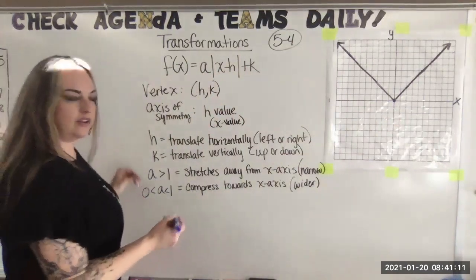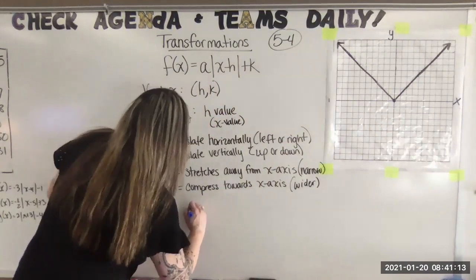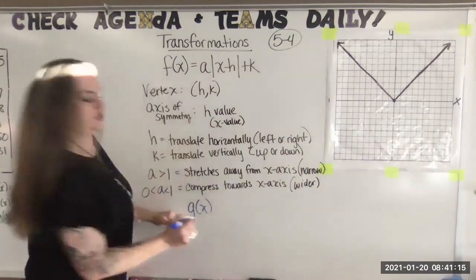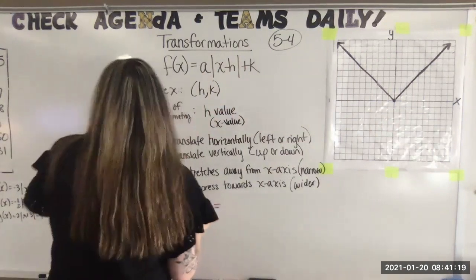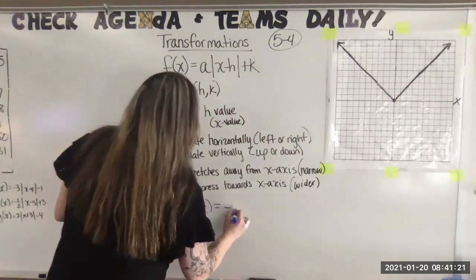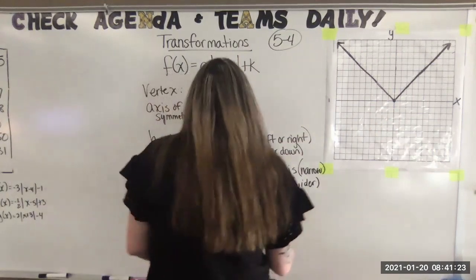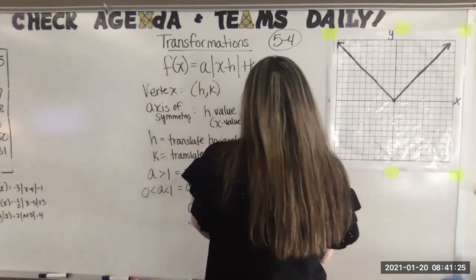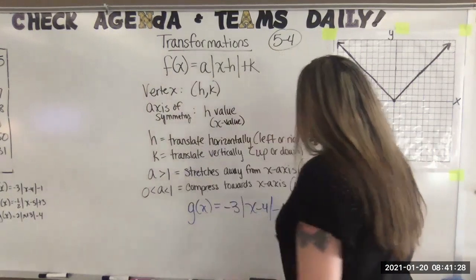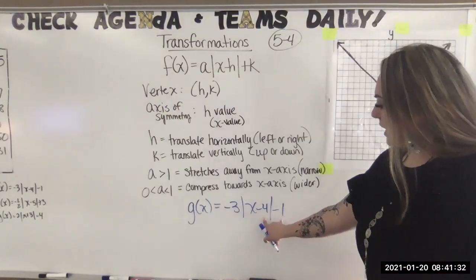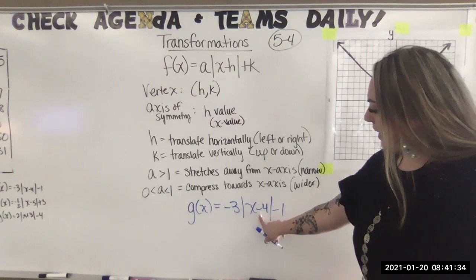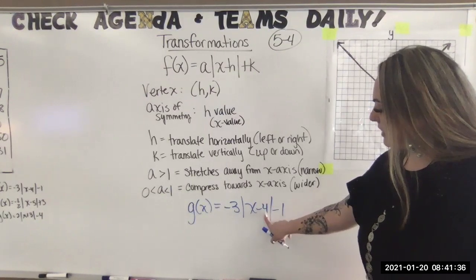So now what if we have g of x, remember that's just the function g, the same thing as f of x, equals -3 times the absolute value of x minus 4, and then minus 1. Let's first identify our vertex. This is still a minus, so we know our vertex for x is positive.